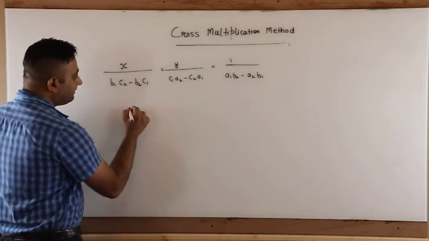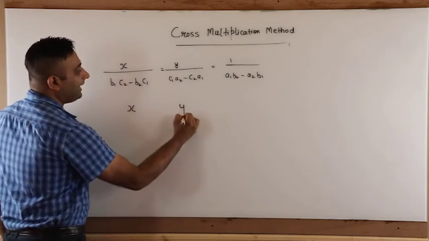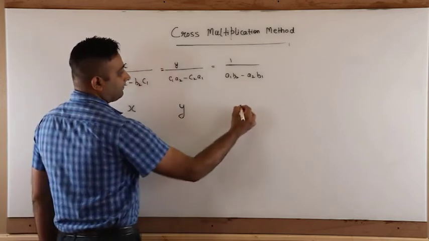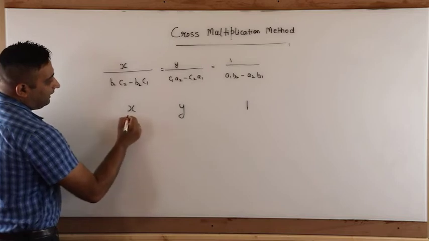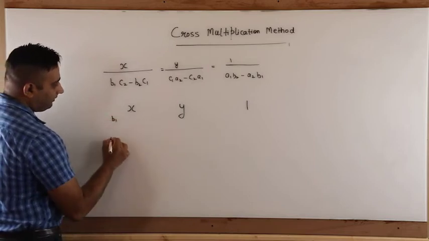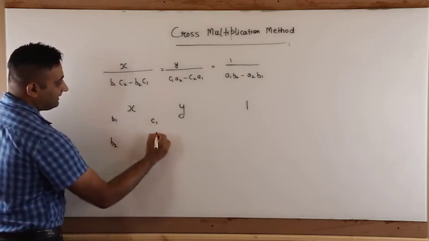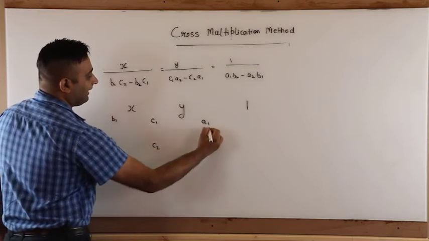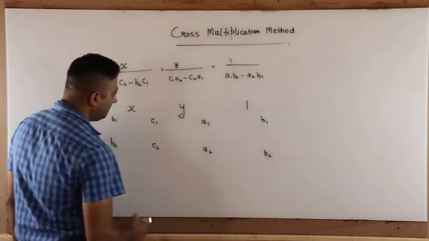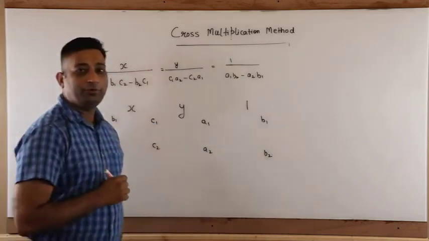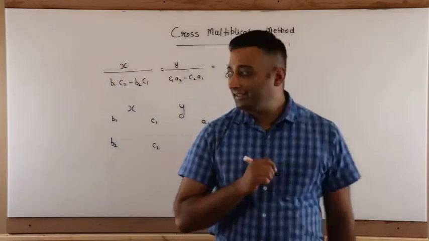Now let us make one diagram which will be very helpful in calculating the whole process. Let us write B1 B2 here, then C1 C2, then A1 A2, and then again B1 B2. This diagram will be very helpful in remembering the result.